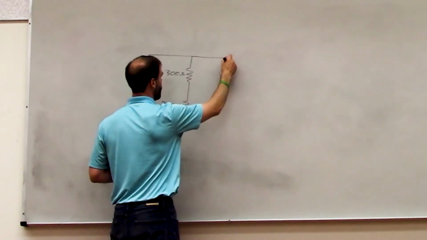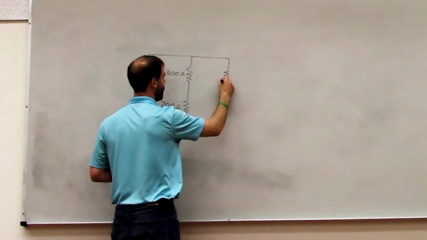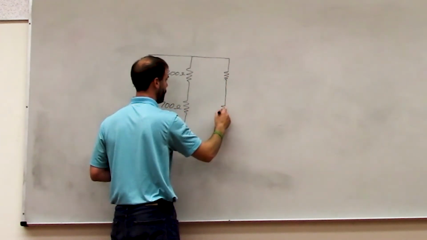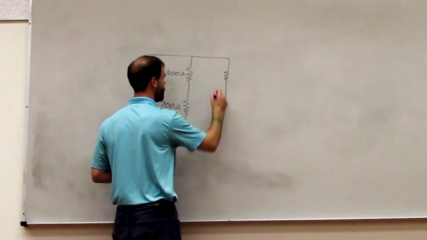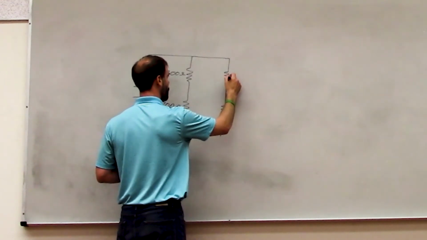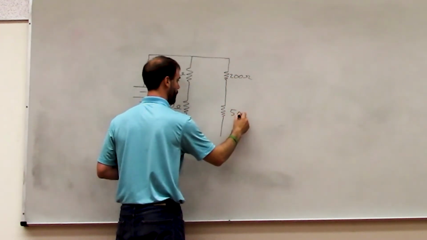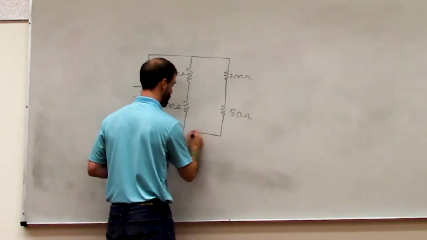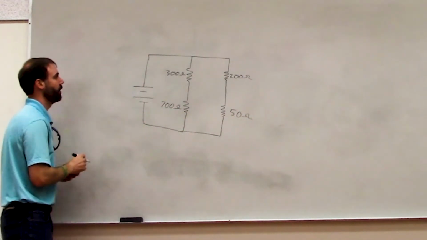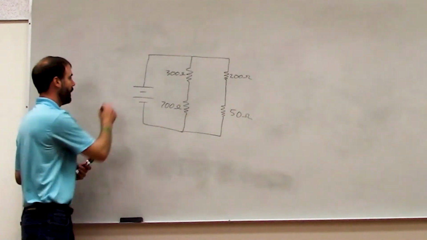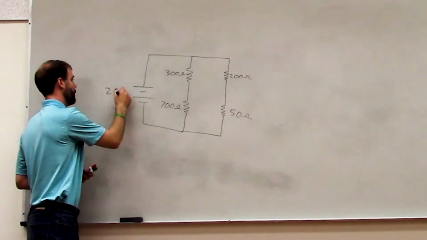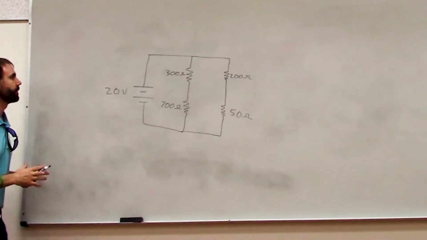And then we've got other resistors over here. Say this one is 200 ohms, and this one is 50 ohms. Okay. And again, we've got 20 volts over here.